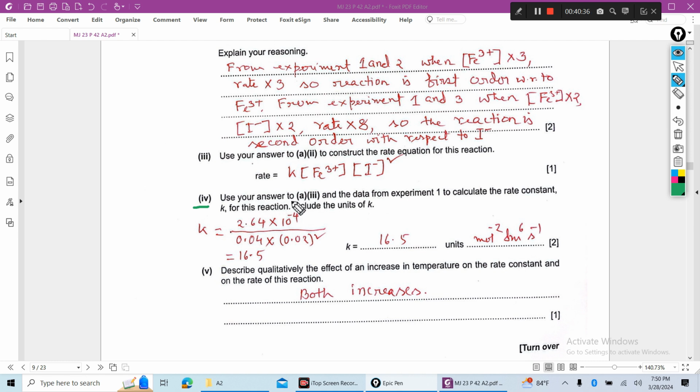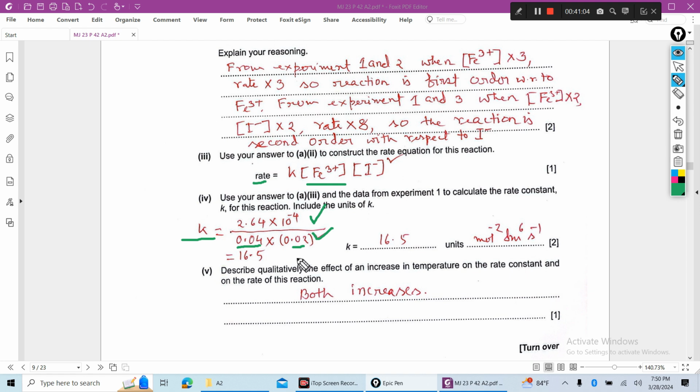Number 4, use your answer 2A3 and the data from experiment 1 to calculate the rate constant k for this reaction. Include the units of k. So k equals the rate, which is given, divided by the concentration of iron(III) ion from experiment 1, 0.4, and the concentration of iodide ion, 0.02, squared.